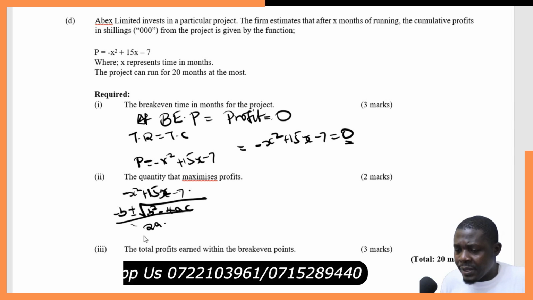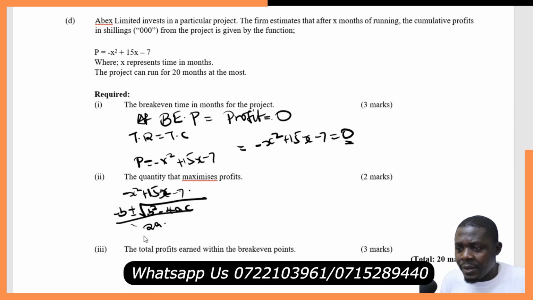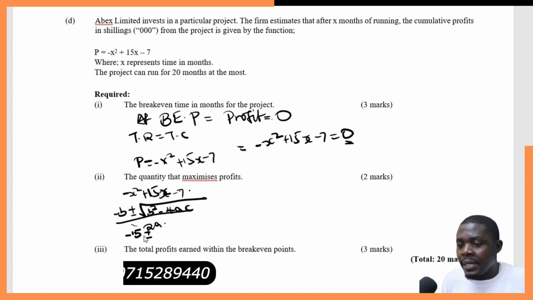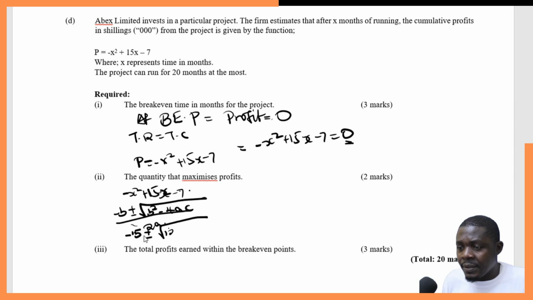Let's put this into perspective. Here we have 15, and that case is going to be negative 15 plus or minus everything square root 15 squared minus, in brackets, 4 multiplied by a, which is negative 1, remember, multiplied by c, which is negative 7. Everything over 2 multiplied by negative 1.